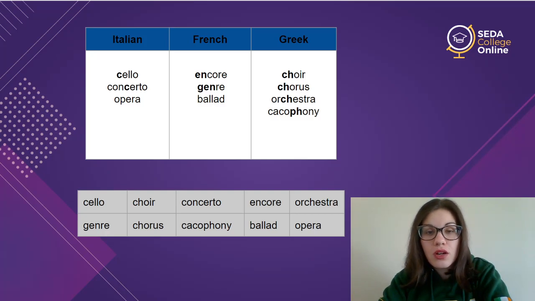Because the second word, the word chorus, comes from Greek, okay? So every word with ch that comes from Greek is pronounced k: choir, chorus, orchestra. And if you see the ph with a sound f, this is also a sign that the word is Greek, like cacophony, or photography.